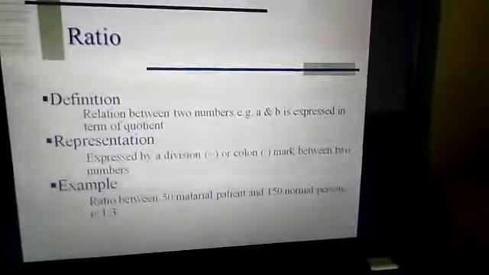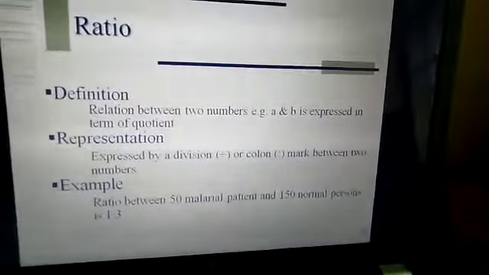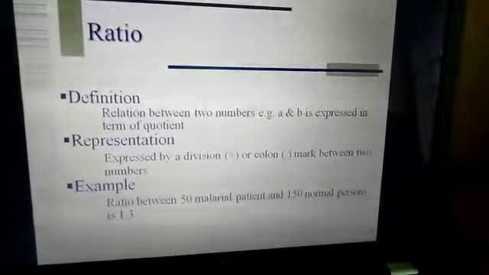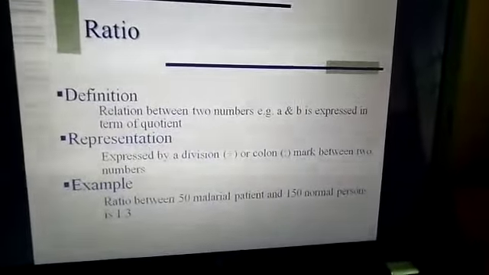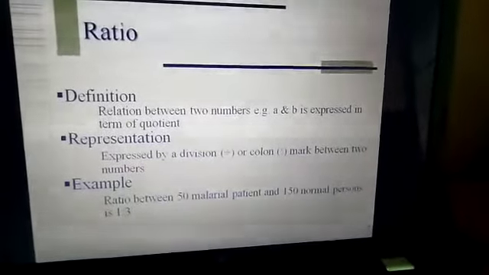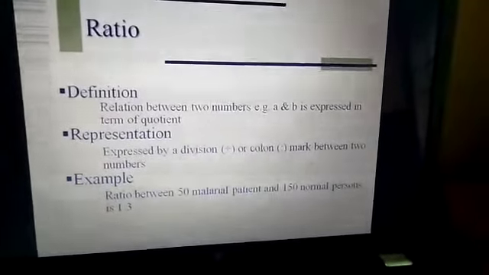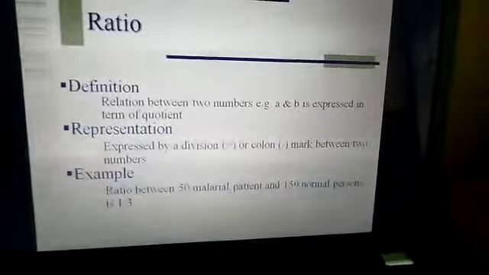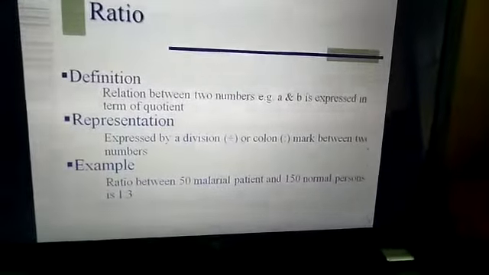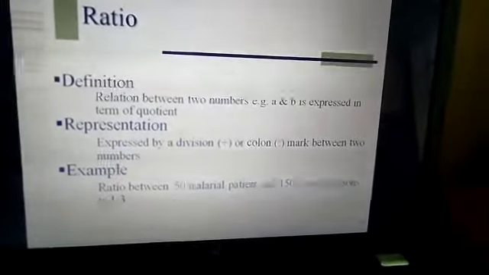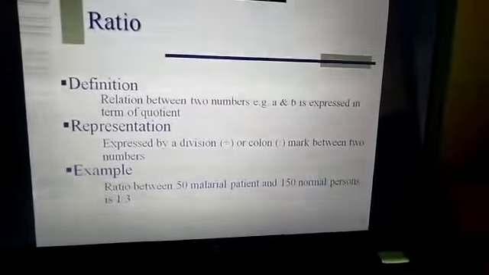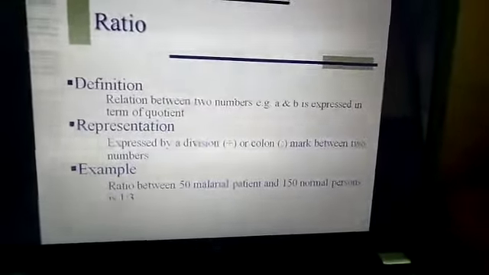Ratio is expressed by a division sign or a colon mark between two numbers. We take the example of the ratio between 50 malarial patients and 150 normal persons, and the ratio is represented by 1:3.